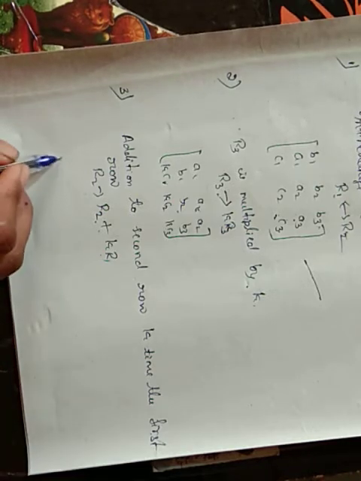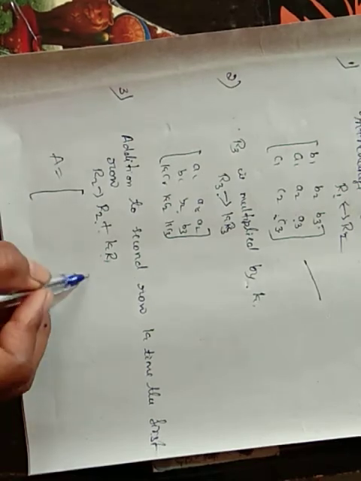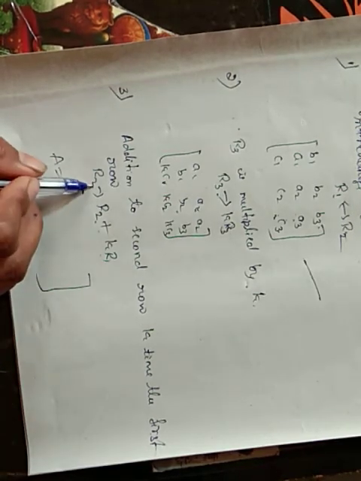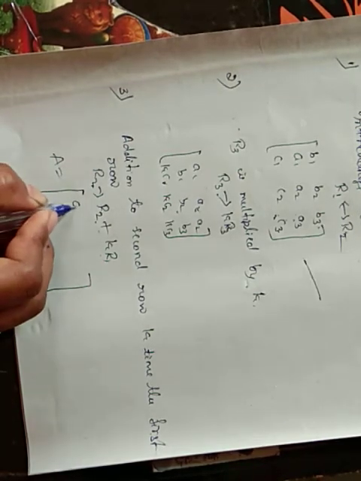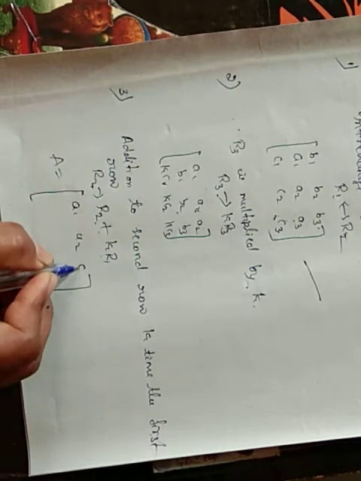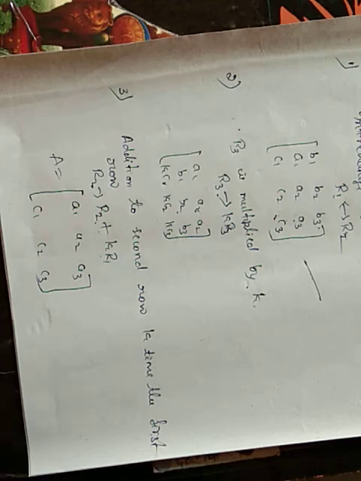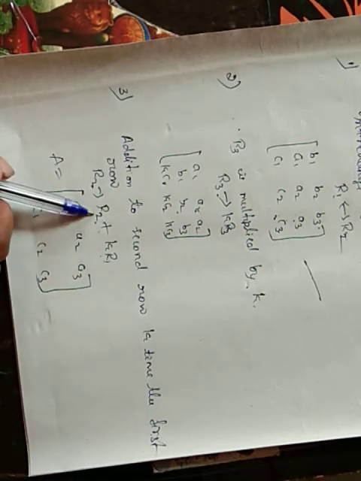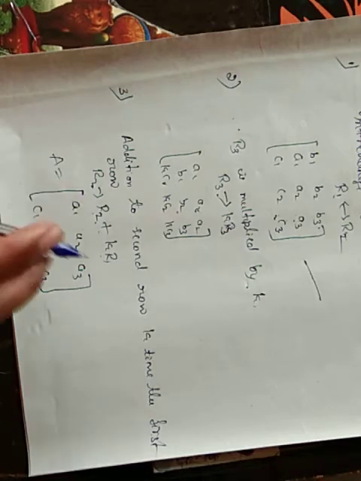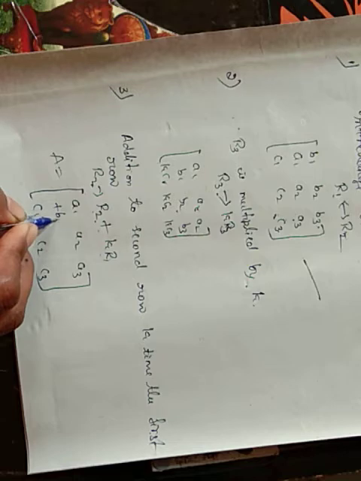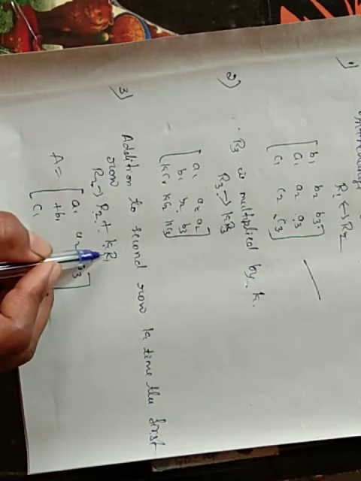Clear? Now how to write this down? We are applying the rule to the second row, so the first row A1, A2, A3 and the third row C1, C2, C3 will not be changed; keep them as they are. We take R2 plus K into R1.